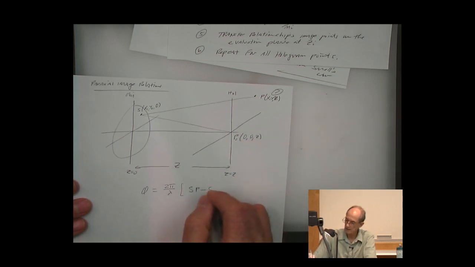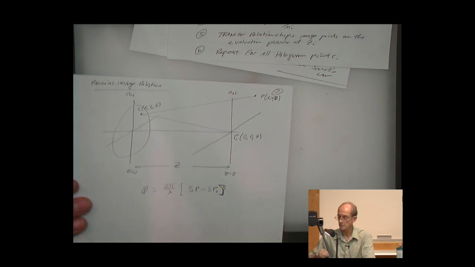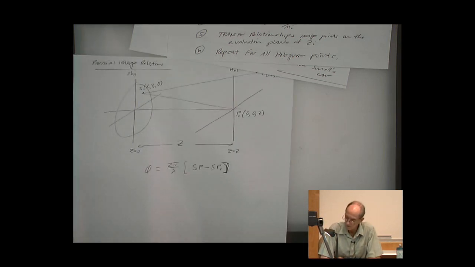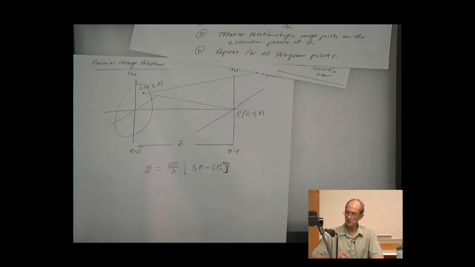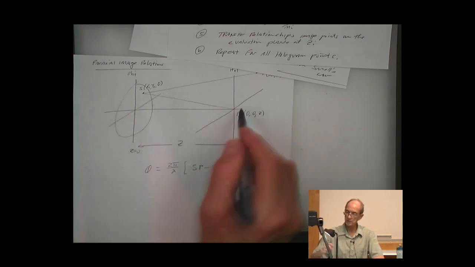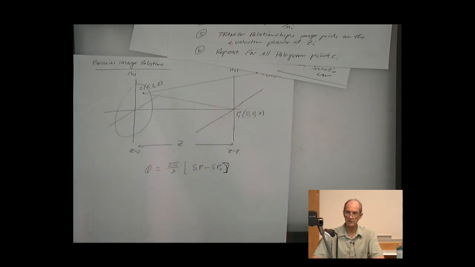So the phase that we're actually going to take for deriving these paraxial relationships is referenced to a similar path length phase which goes from that same point to the origin of this hologram plane.